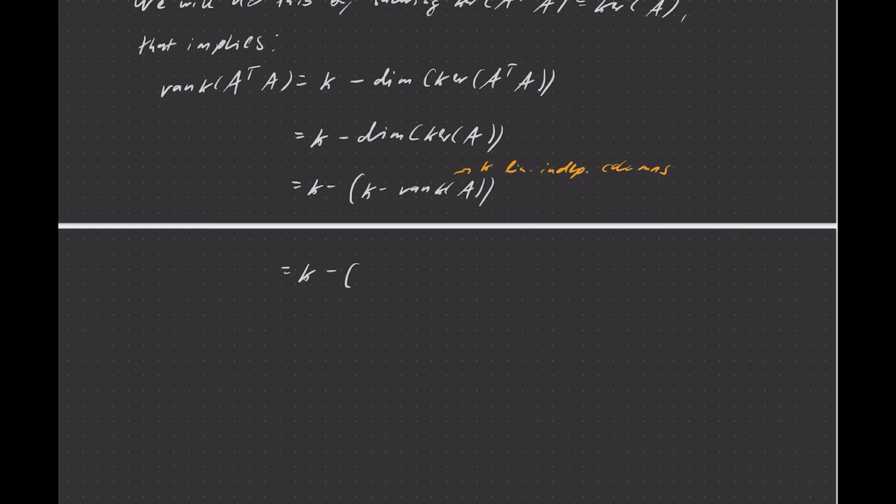That means the rank is k. So we get k minus k here, and what remains is just k. And that proves that the rank is, in fact, k.